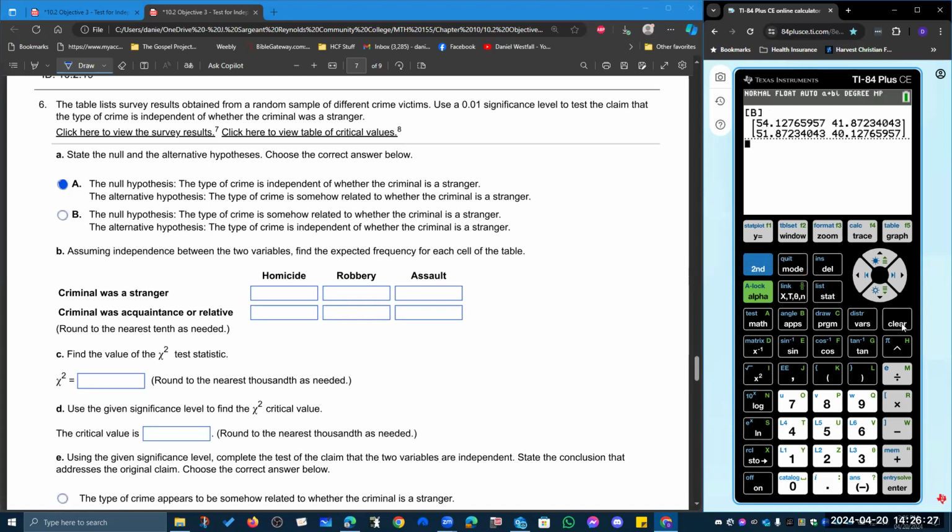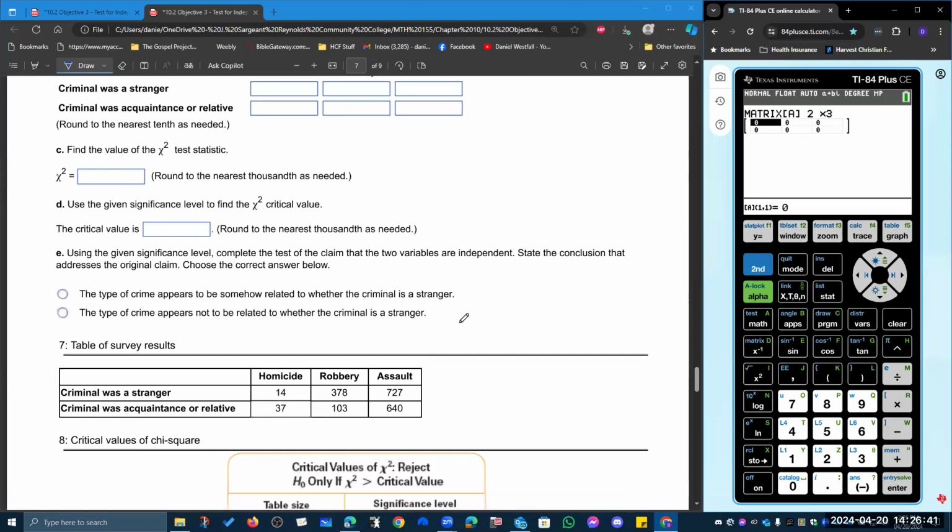It's the easiest way to get rid of them. And I want 2 rows by 3 columns this time. My data is down here. 14, 378, 727, 37, 103, and 640.